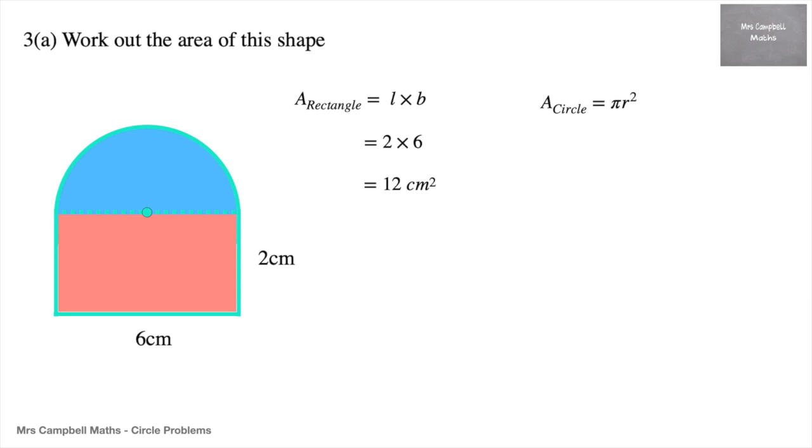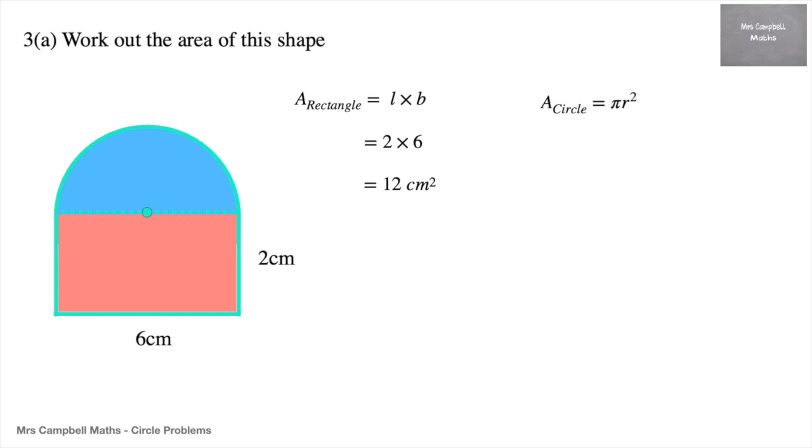Now when we look at this, it's not immediately obvious what the radius is, but one of the properties of a rectangle is that opposite sides are equal. So can you see then that the diameter of that semicircle would be 6. The diameter of the semicircle, 6 centimetres.